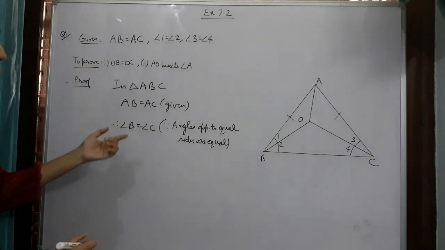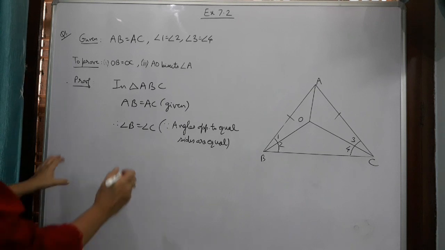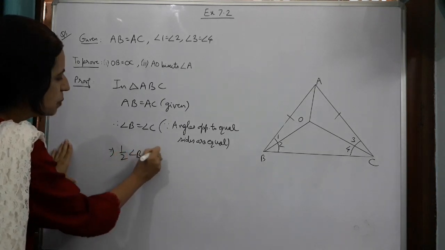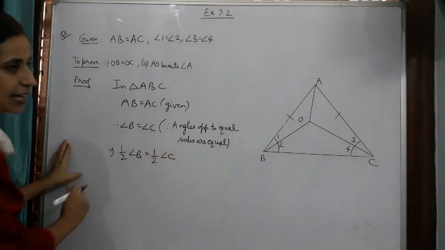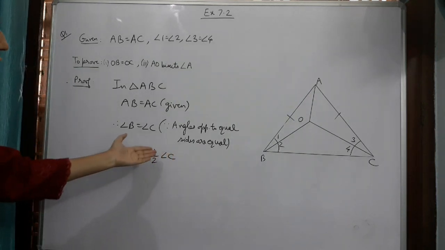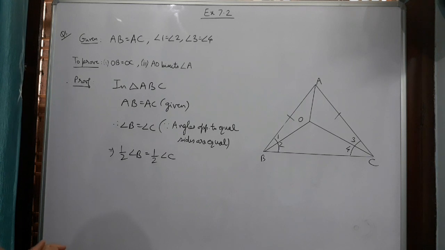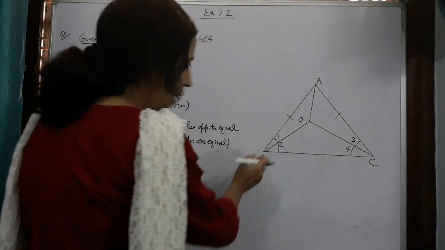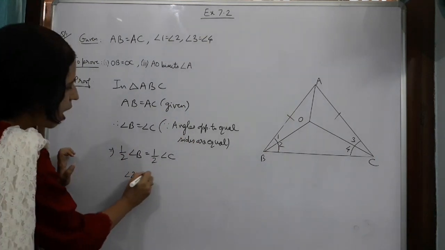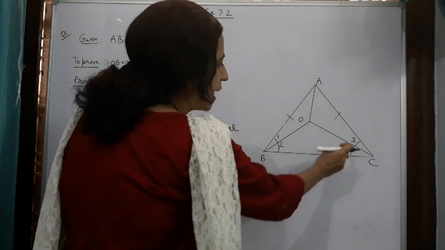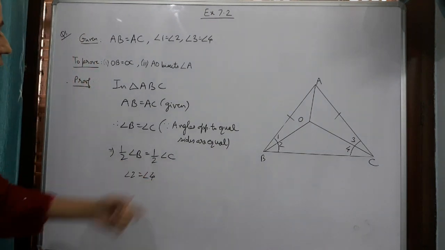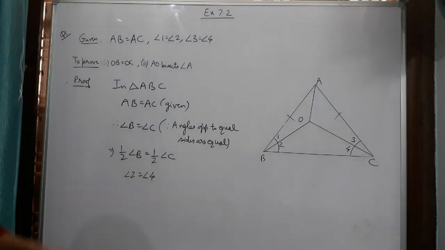Now if angle B is equal to angle C, then definitely half of angle B would be equal to half of angle C. I have multiplied both sides by half. Now half of angle B we can write as angle 2, and half of angle C we can write as angle 4. So we obtain that angle 2 is equal to angle 4.